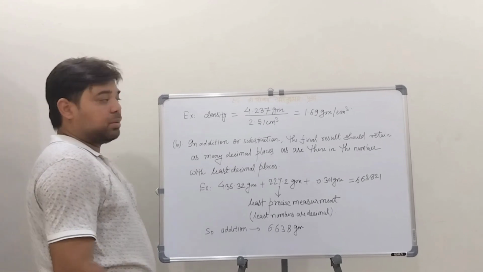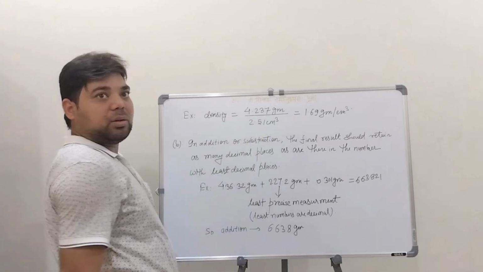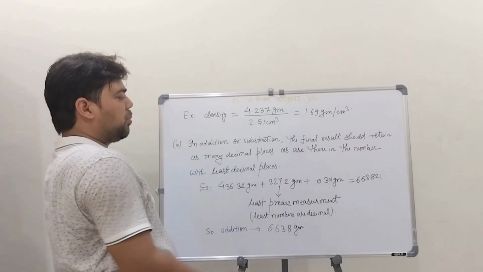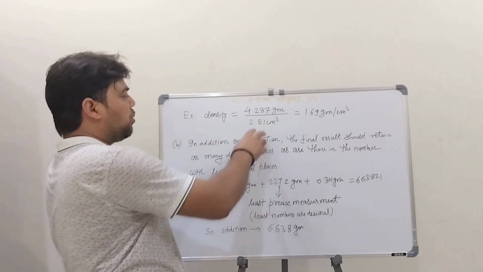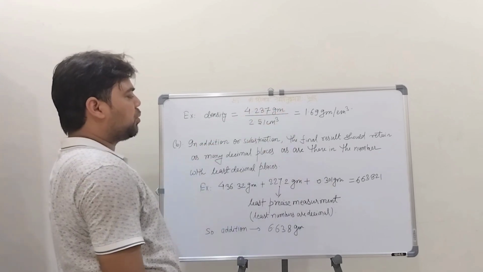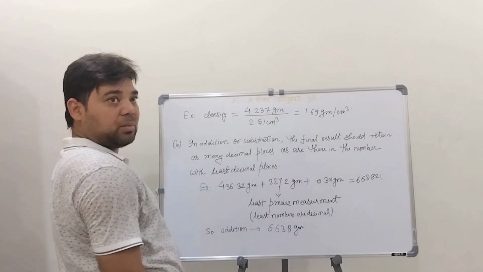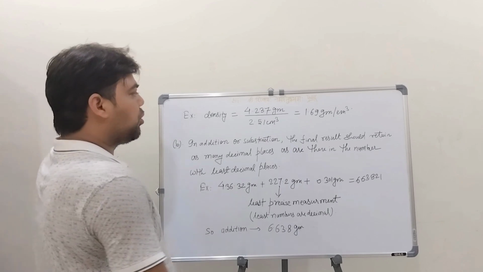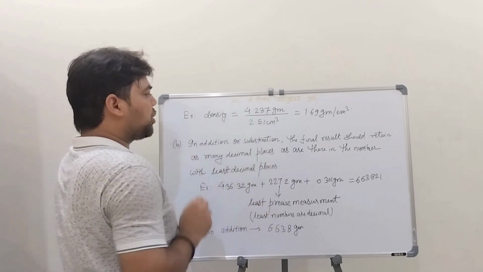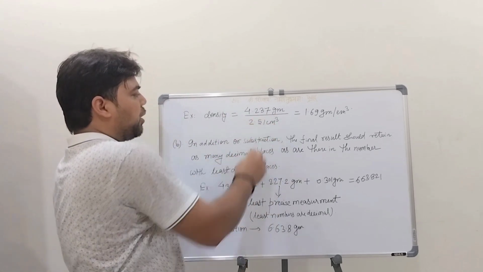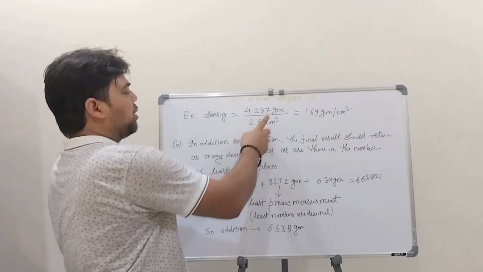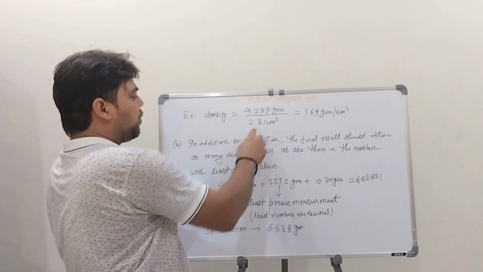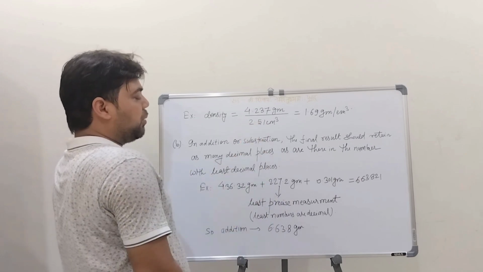Let us take an example to understand this multiplication and division. Density is defined as the mass divided by the volume. Let us take the mass of the substance as 4.237 gram and the volume as 2.51 centimeter cube. Here the mass has 4 significant digits and 3 after the decimal, whereas the volume has 3 significant digits and 2 after the decimal.